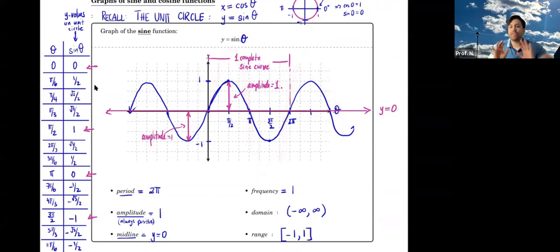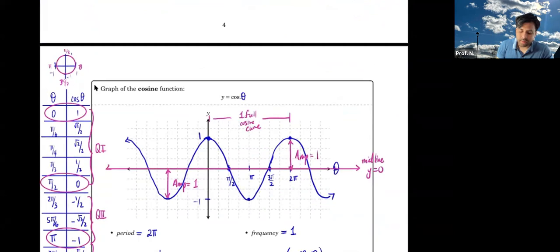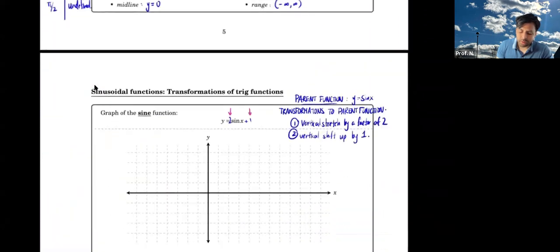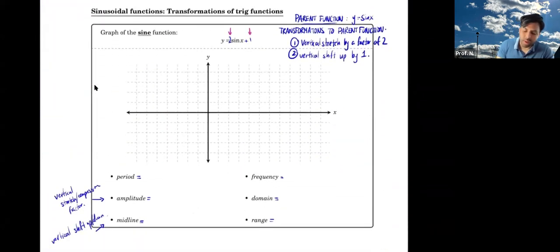On top of that, I want to shift all of it up by 1 unit. So that means that my midline now is no longer at 0. My midline is at 1. So let's establish that. So my midline here is y equals 1. That's my new, so I'm going to put 1 here, okay? So this is my new midline.